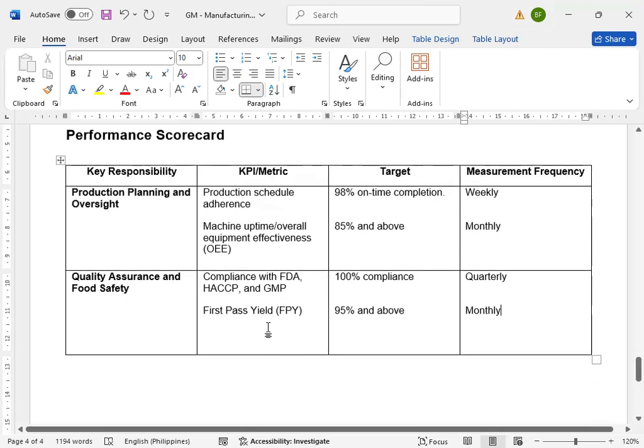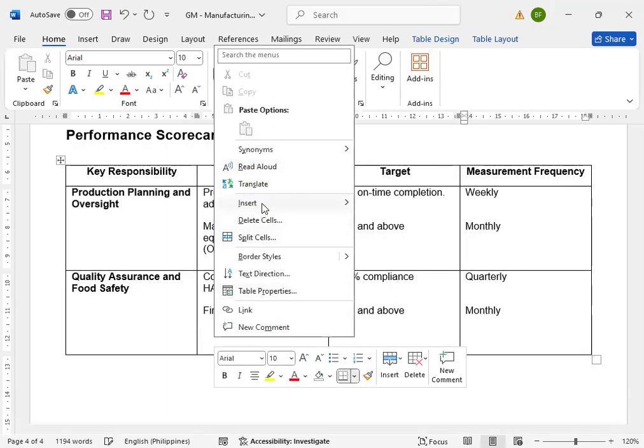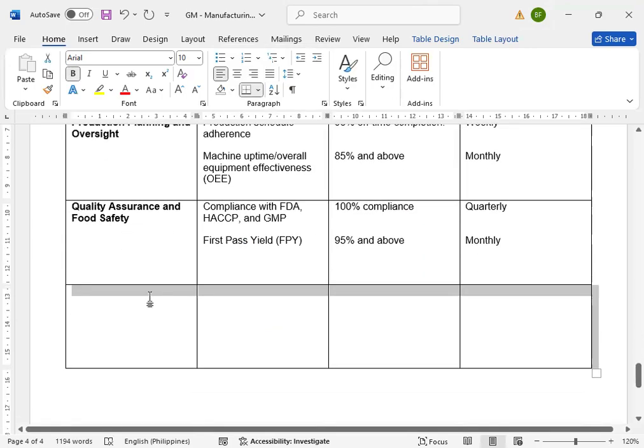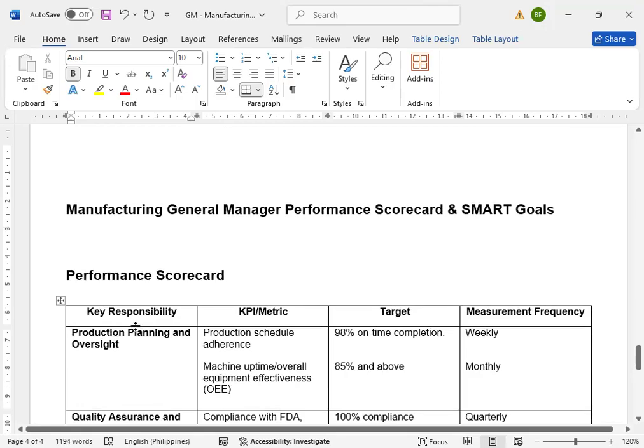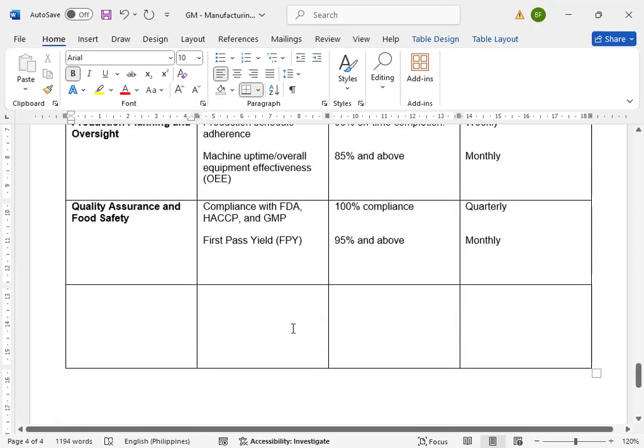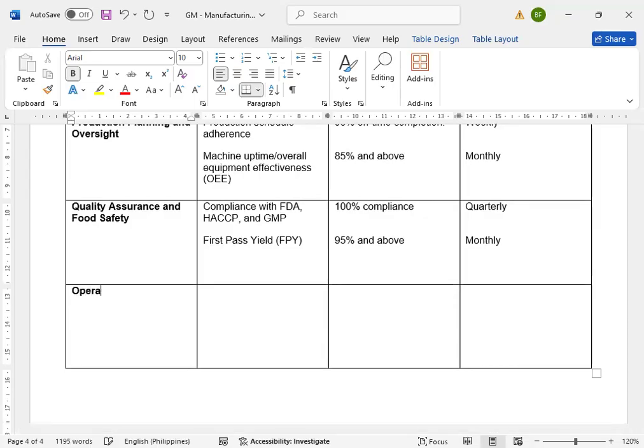Okay, then I'm going to include another key responsibility, and that would be operational efficiency.